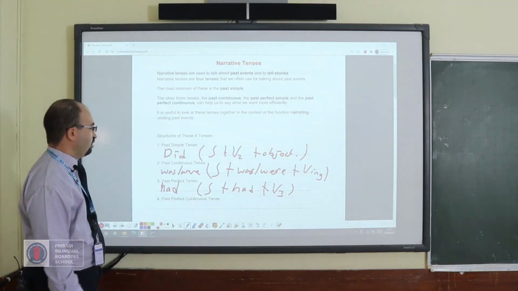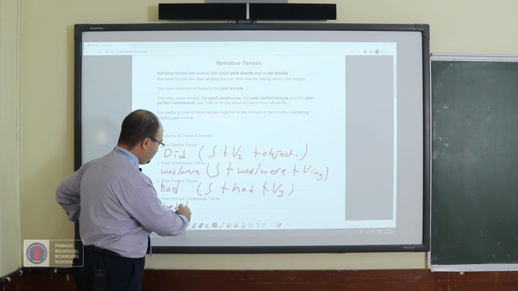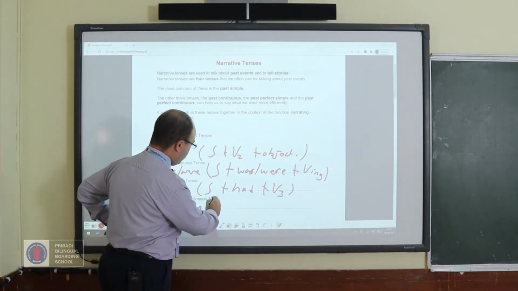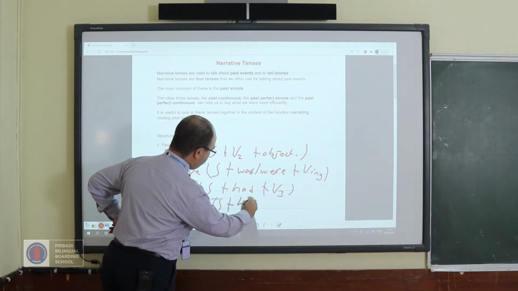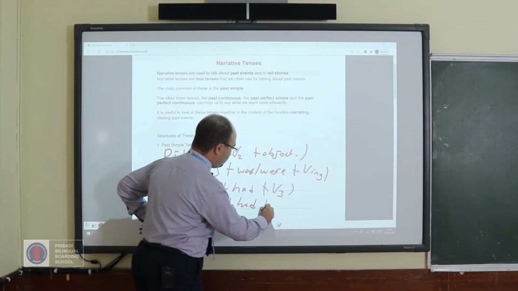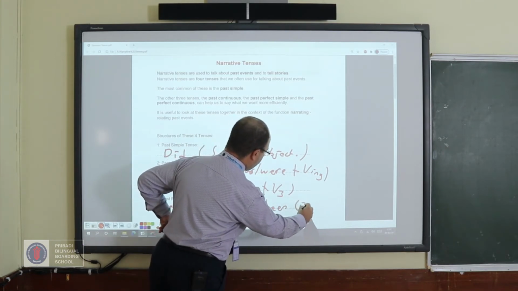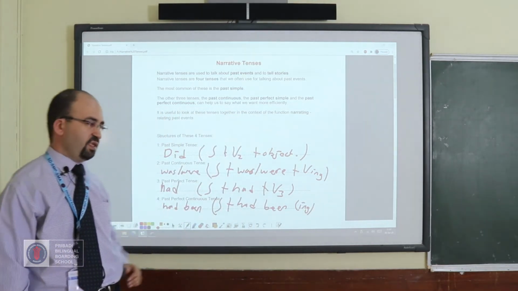And past perfect continuous is similar, but we use had plus been. Like subject plus had been and verb with ing. So this is the structure of the 4 tenses.